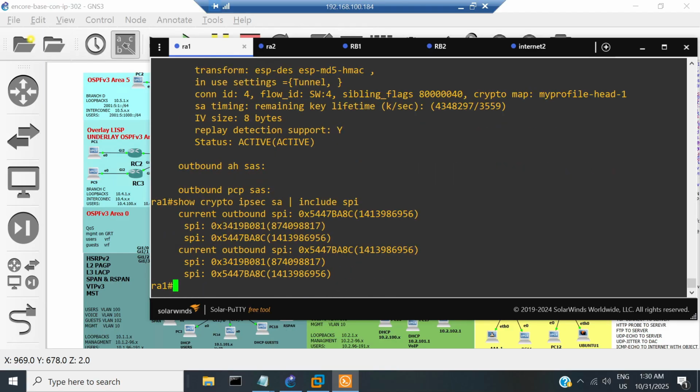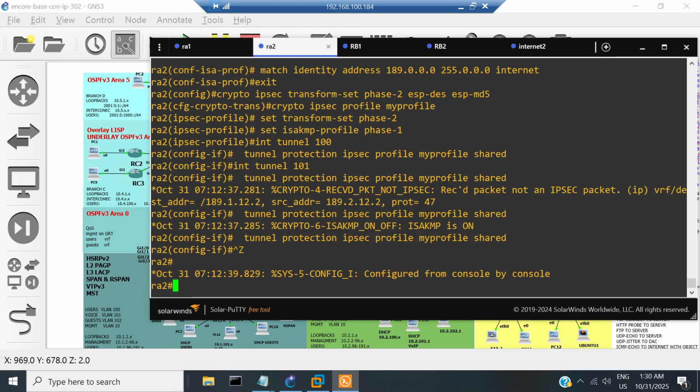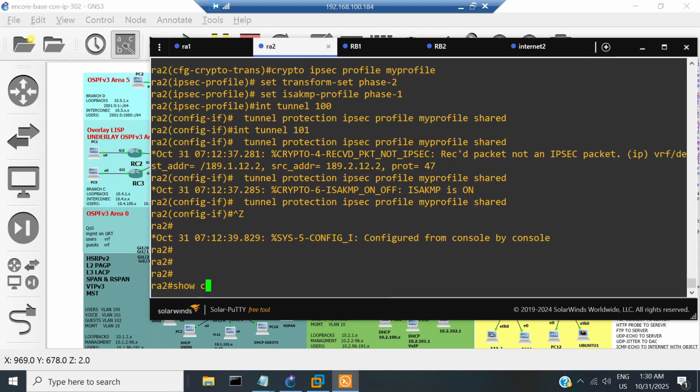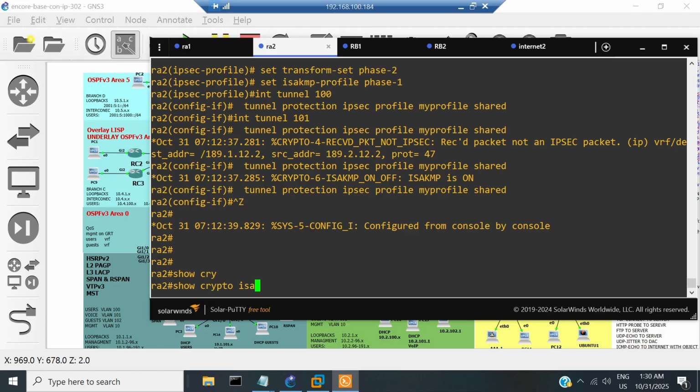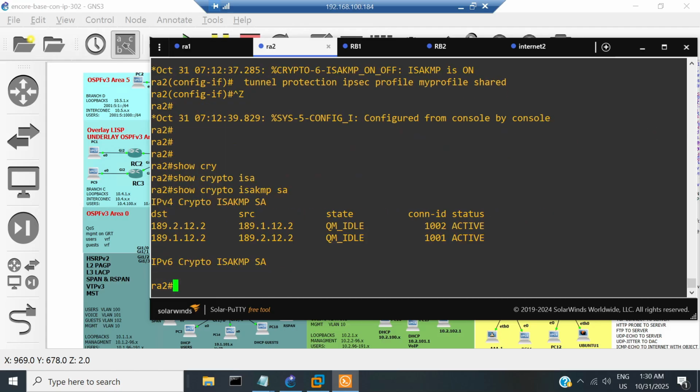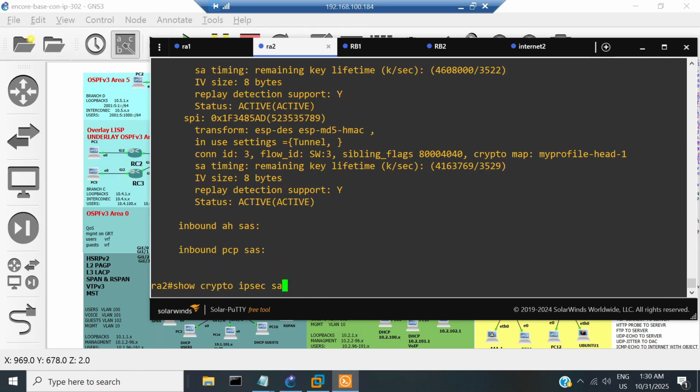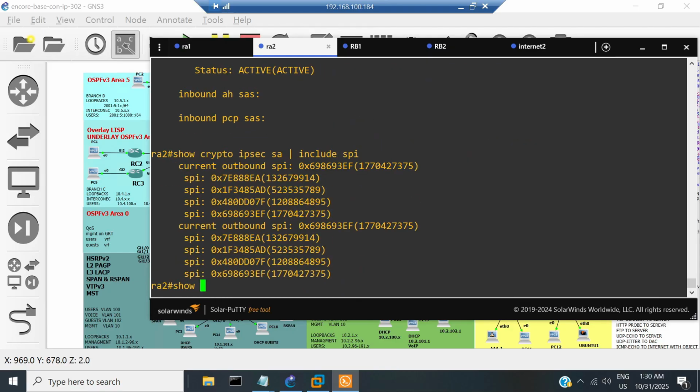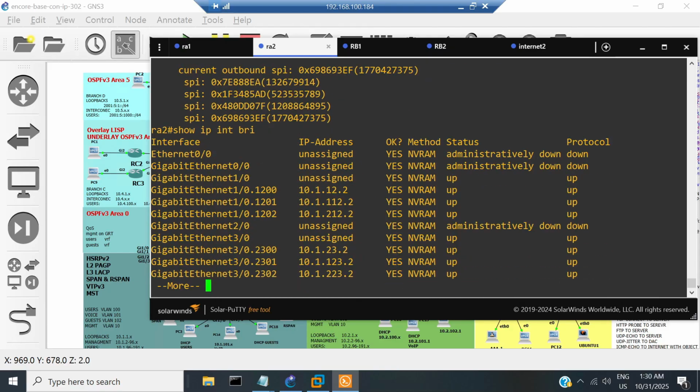Okay, we have our SPIs. Let's check this. Show crypto CCNP SA. We have QM idle, which is a good thing, and IPsec. Okay, we have our SPIs in order. So let's ping the other side.